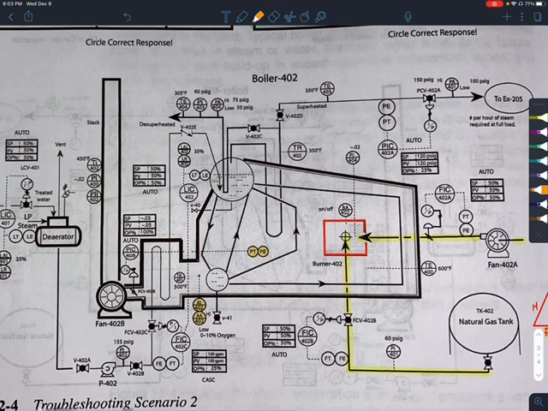And that transmitter talks to the pressure indicating controller, which then allows or denies how much of that smoke goes out. The suction of that smoke is caused by fan 402B, and it uses a pneumatic butterfly valve.